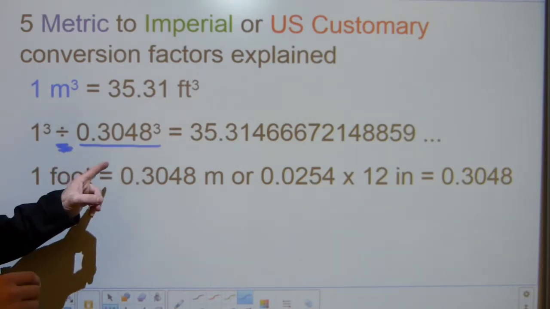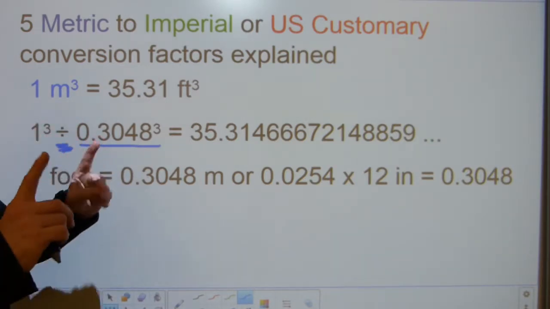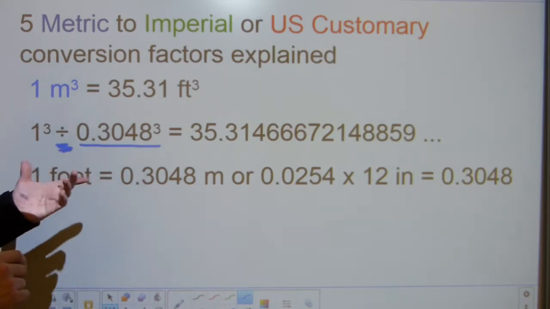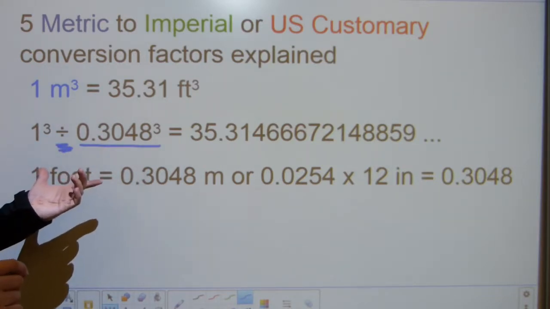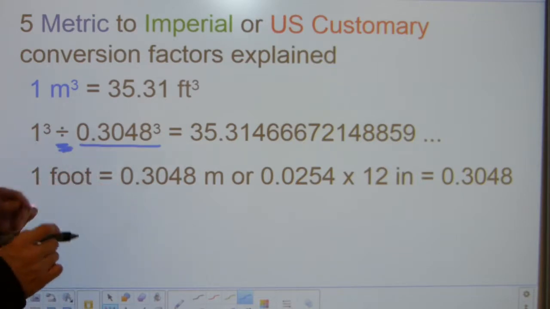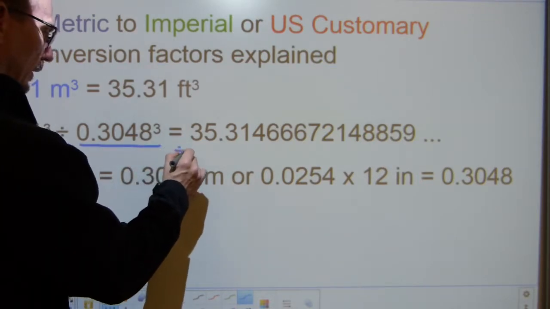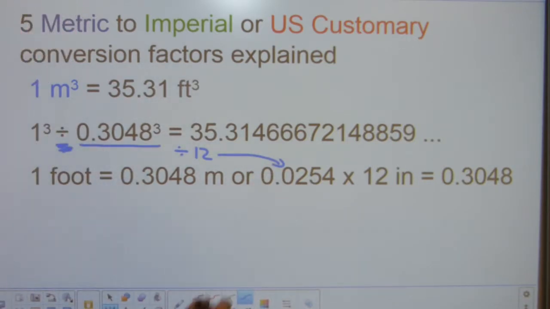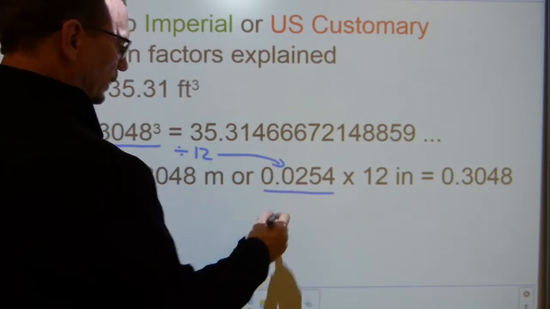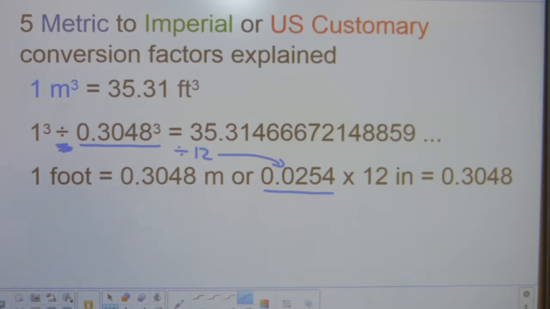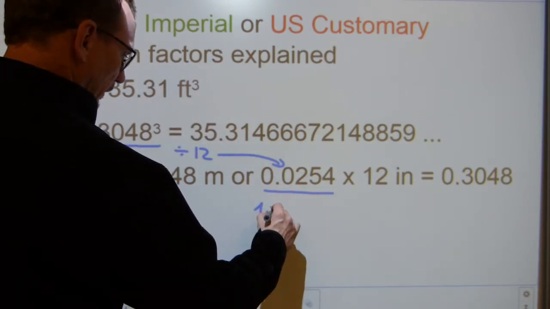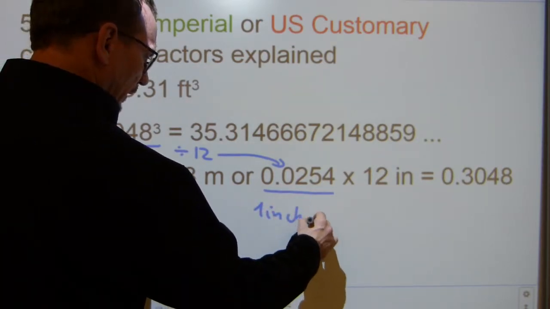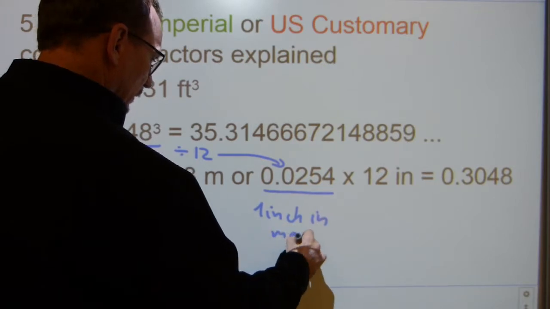You might be familiar with this number in a slightly different version, because 1 foot is of course 12 inches. So if you divide this number by 12, you will get this variant here, and this is the length of an inch in meters.